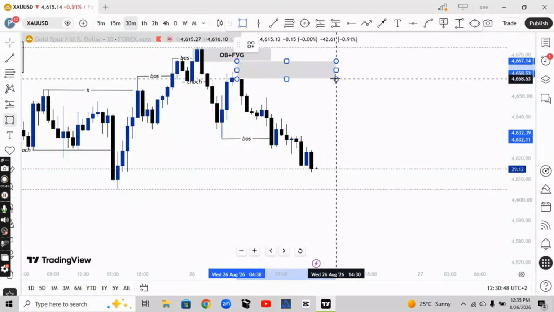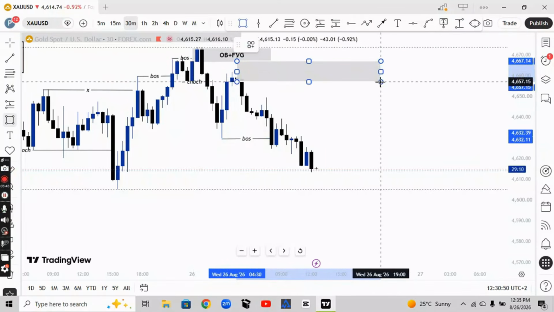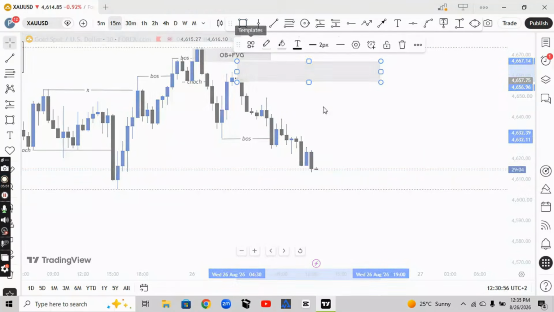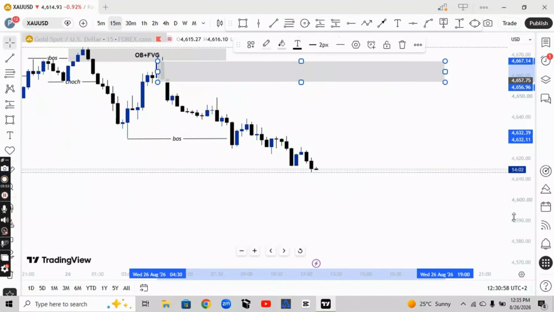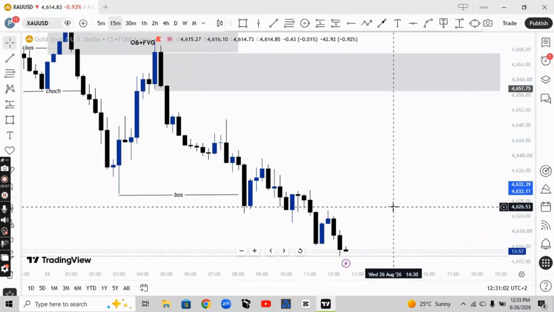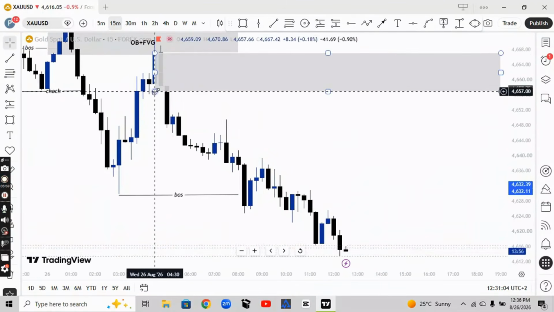This is the level that broke structure. Let me go to M15.